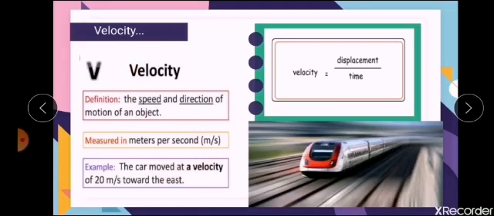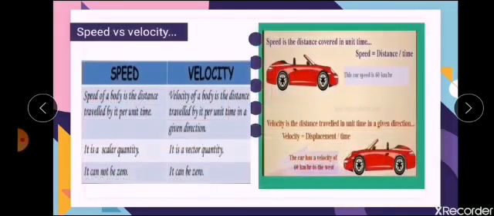See, as you have learnt about distance and displacement, the same connection is coming between speed and velocity. Let's see in detail. Speed is the distance traveled per unit time. Velocity is the distance traveled per unit time in a given direction.